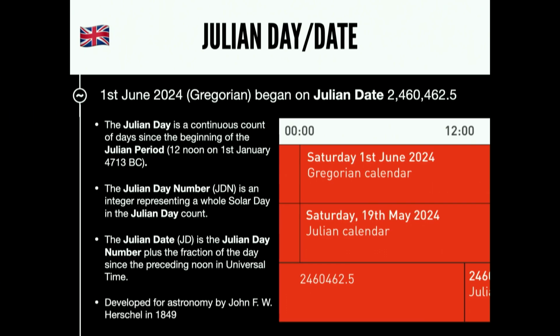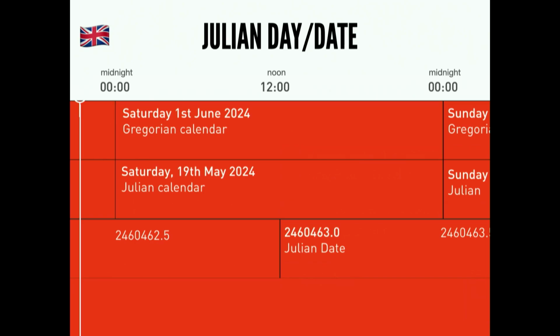The Julian day numbering system comes from John Herschel, who is the son of William Herschel and the nephew of Caroline Herschel, if you know your Herschels in your astronomy. So that's the basis of it. But the thing with observational astronomy is if you want to know exactly when noon is, you can measure that, because you can look up in the sky and see when the sun is at the highest point.